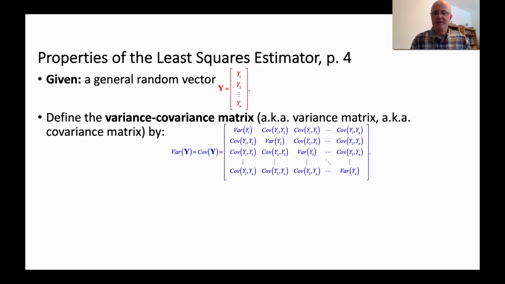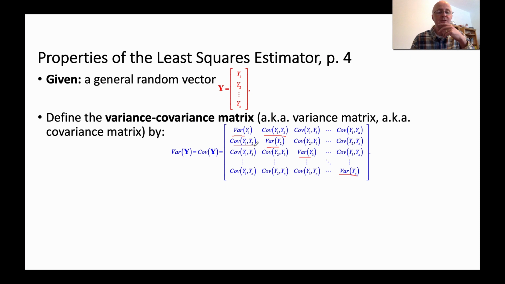Covariance is just a generalization of variance. It's this matrix, an n by n matrix, where n is the number of data points. The entries on the main diagonal are variances. Variance of y1, variance of y2, variance of y3, etc. through variance of yn. The entries on the off diagonals, or the numbers that are not on the diagonal, are covariances. Covariance of y1 and y2 here and here.